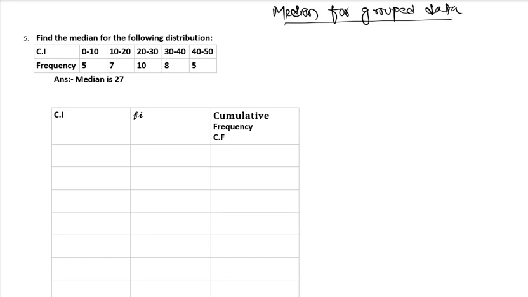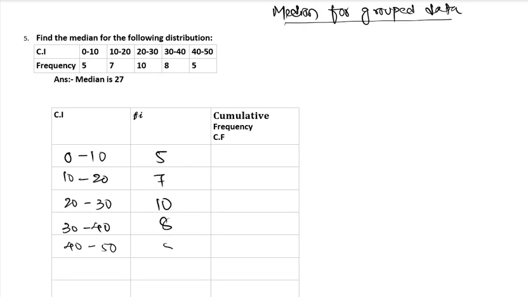Let's write the class intervals: 0 to 10, 10 to 20, 20 to 30, 30 to 40, 40 to 50. Frequencies: 5, 7, 10, 8, 5.